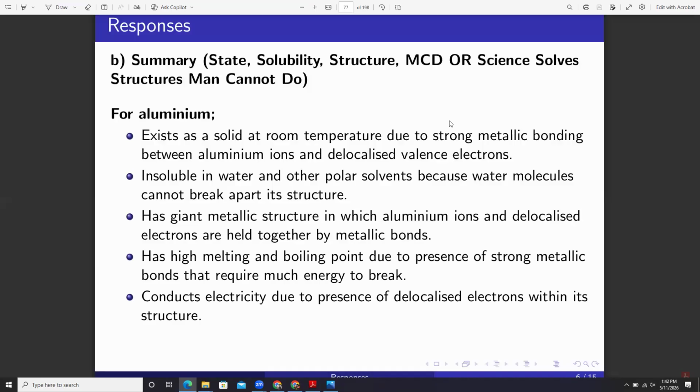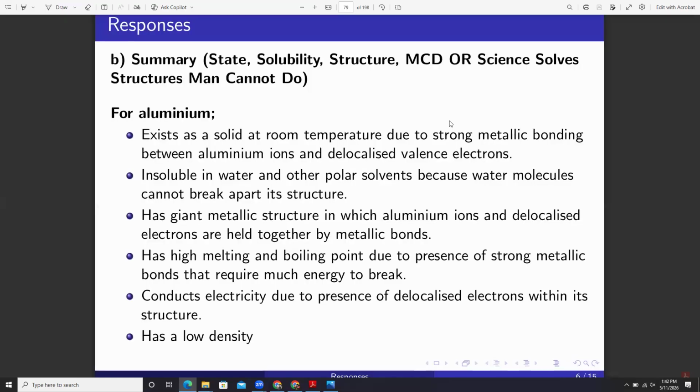It is used to make parts of an aeroplane because it has a low density. That's why you see that it is alloyed with other metals to make aircrafts, which can sustain buoyancy within air because of its light weight.